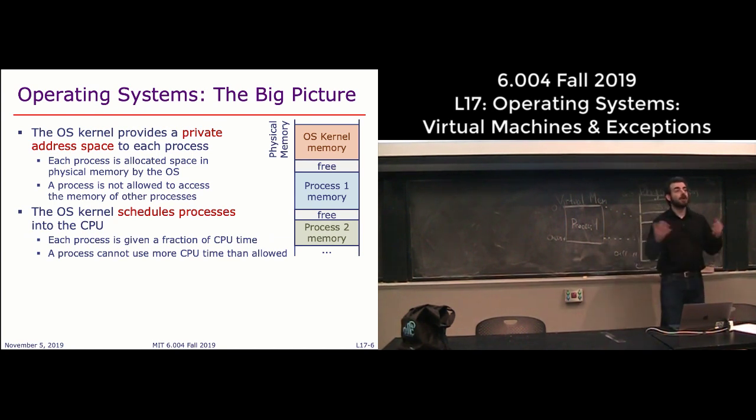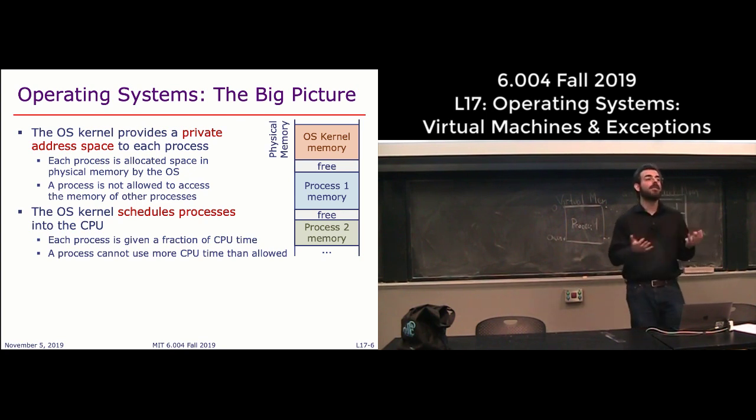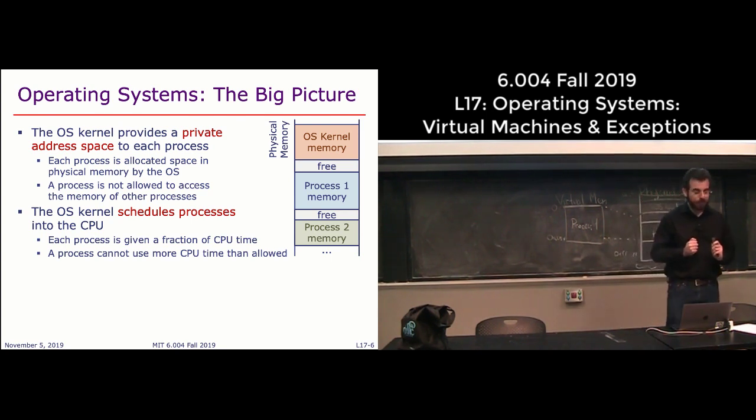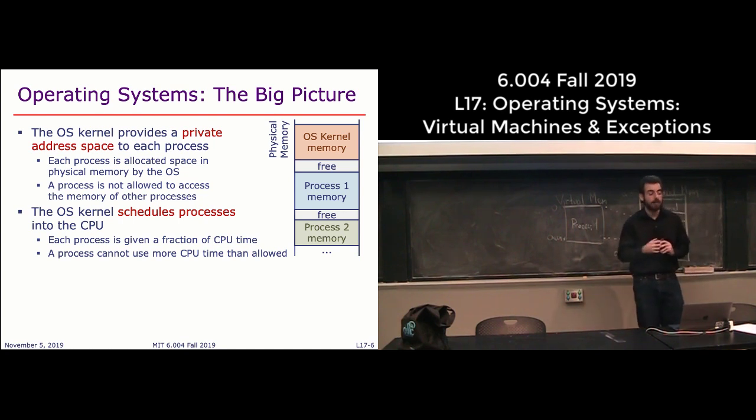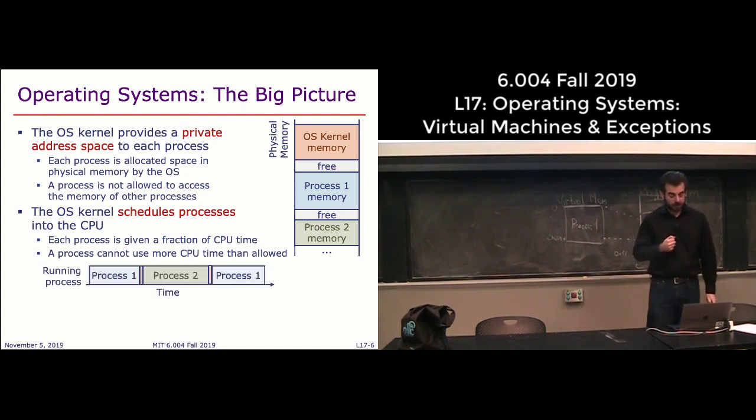Now, when we have so many processes, we will get into a situation where we have more things to run than we have CPUs. And so what the operating system is going to do is give some fraction of the CPU time to each process, right?